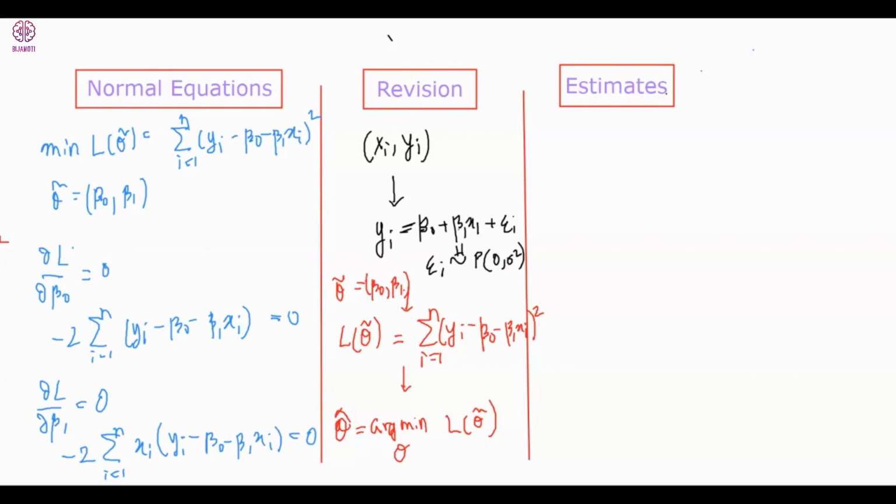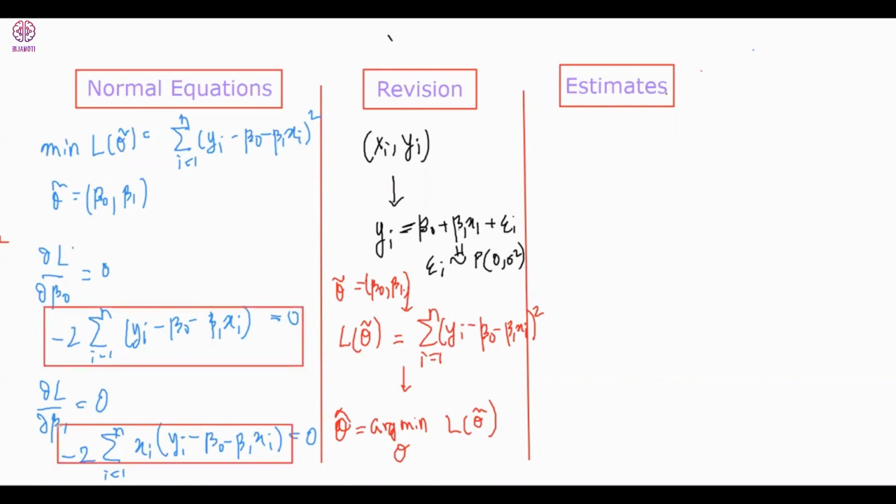These are called normal equations. I don't know why they are called normal equations, but these are the two equations called normal equations. That's important.